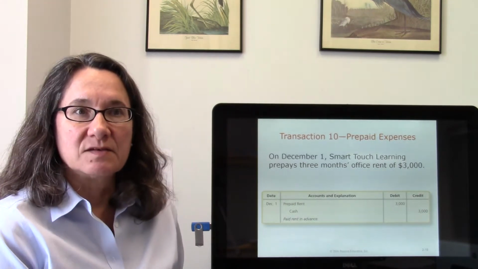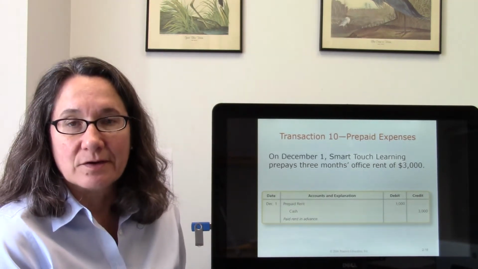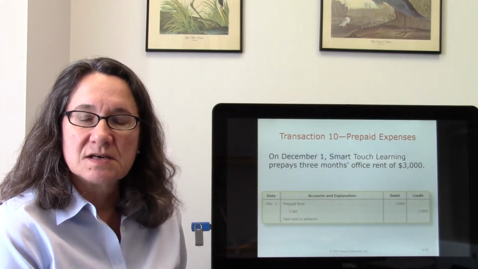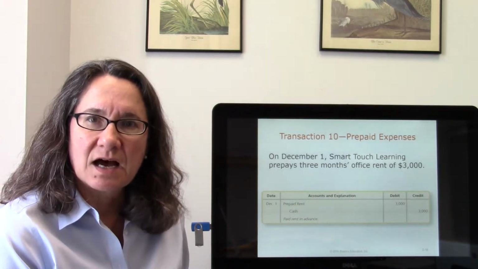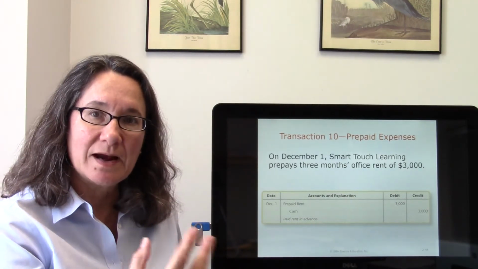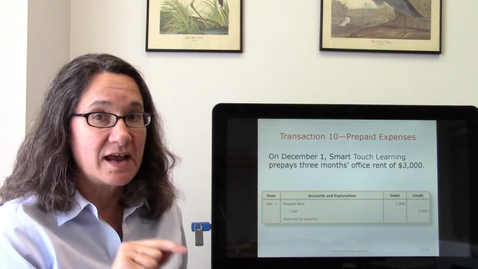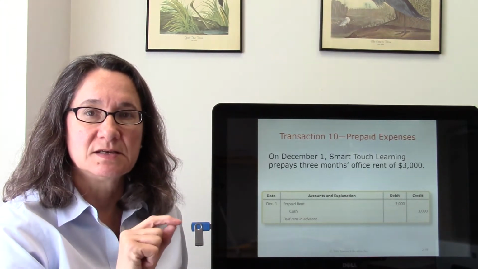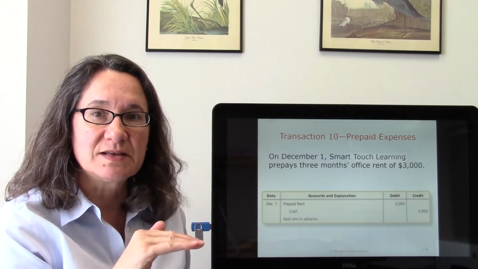You're going to buy a whole case of pencils, but you're going to use them over a year, right? Insurance, like my car insurance, I pay 6 months at a time. So those are expenses, and we're going to eventually use them up because they're expenses, but we've paid them in advance. So they're actually an asset, right? They have future value. So that makes prepaid expenses an asset.